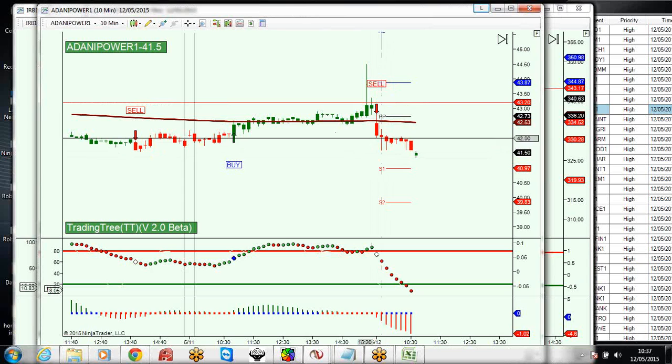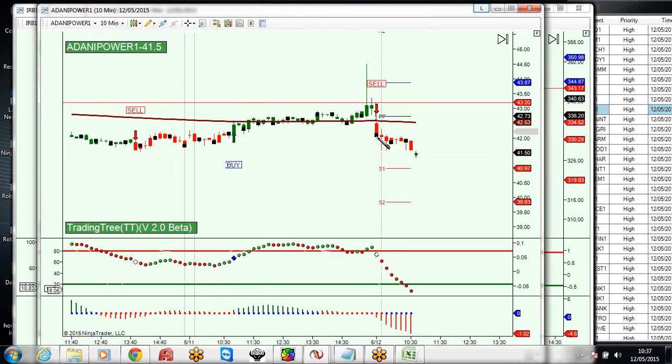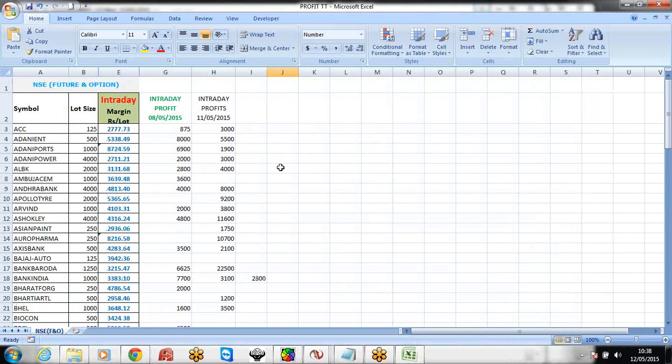It's Adani Power. It's around 2,000 rupees profit. 2,700 is your investment.